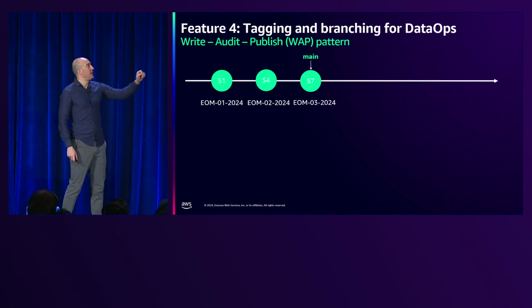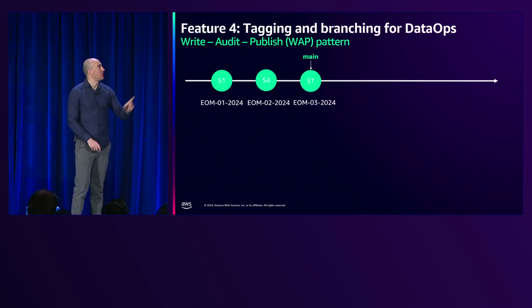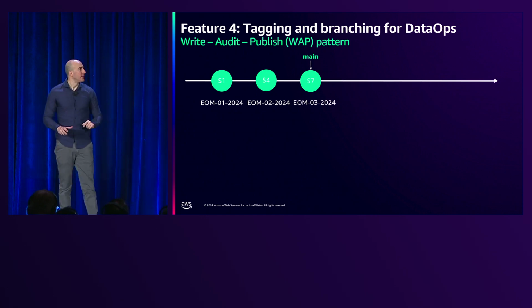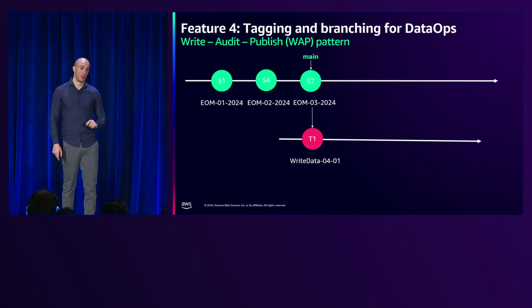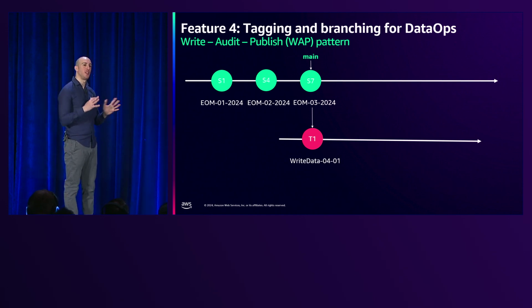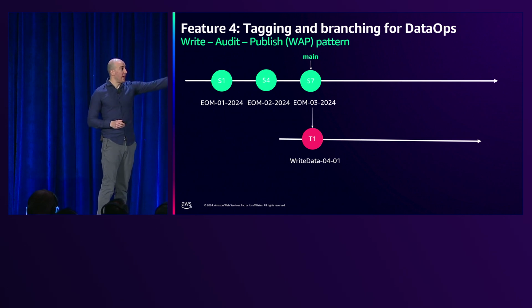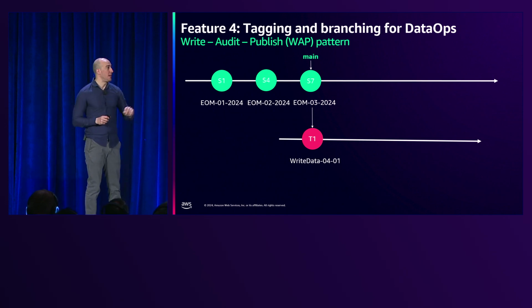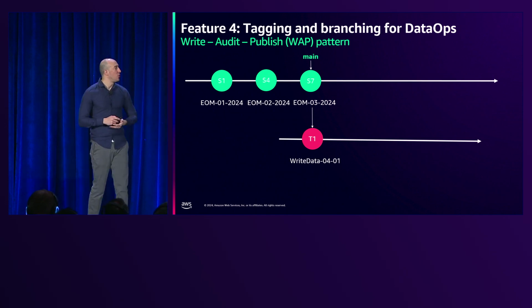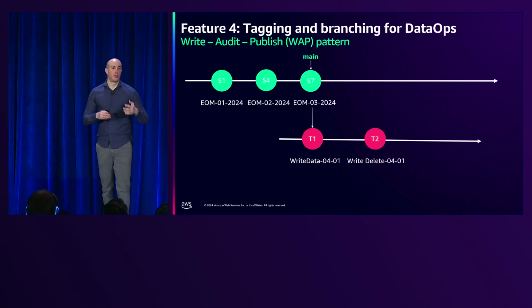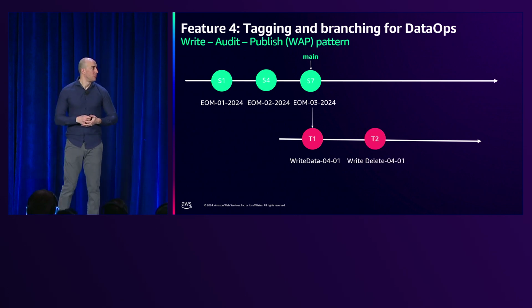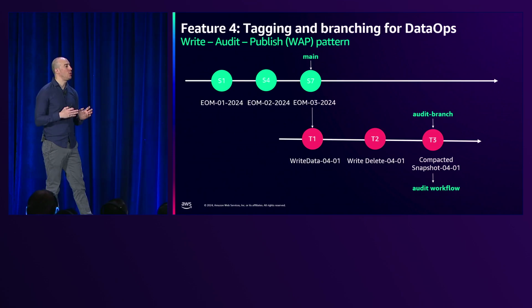An administrator picks the snapshot S7 and decides to branch it out to create a kind of new table with a different branch. Now we have a different version of the table, called T1. After that, we do another operation on T2. Finally, we do a compaction.